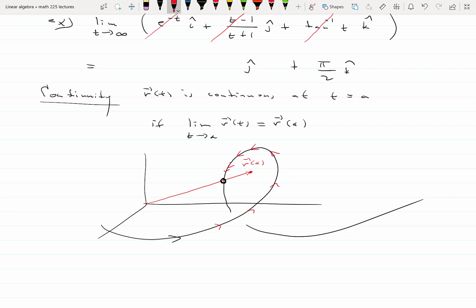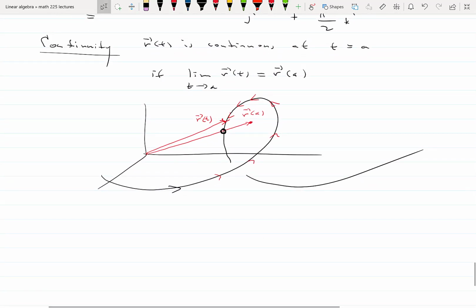Then right at t equals a, the position vector shoots right through to a new position. But if the limit of r of t equals r of a, then you have continuity. Then you don't have that punctured effect.